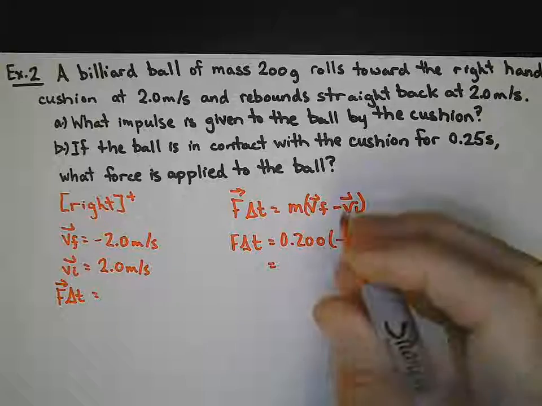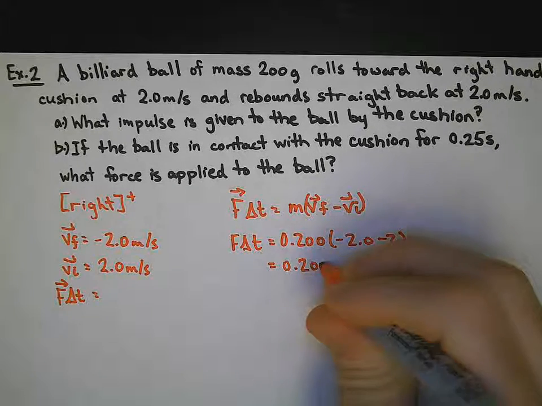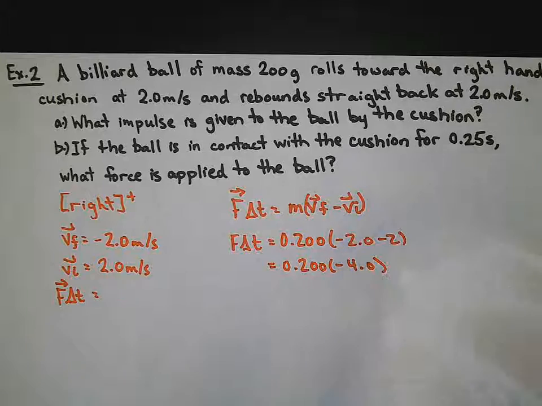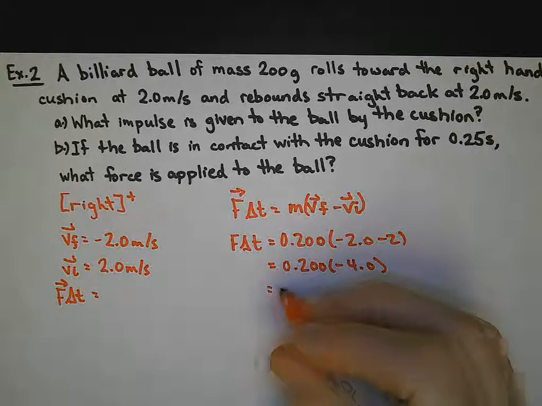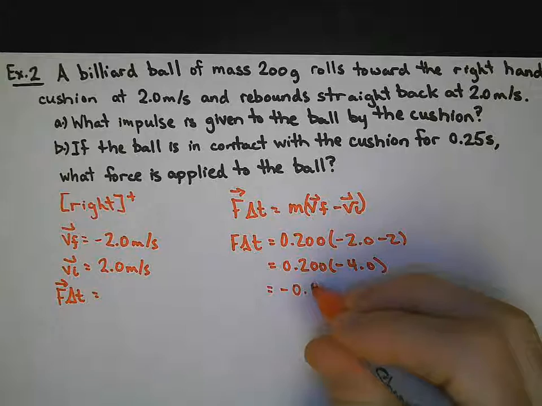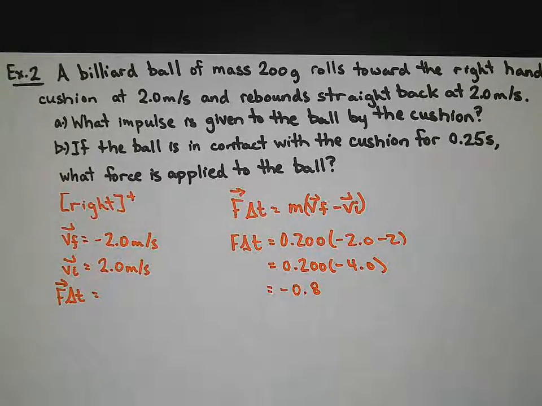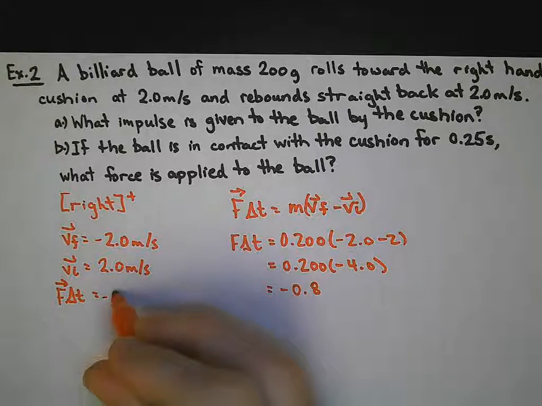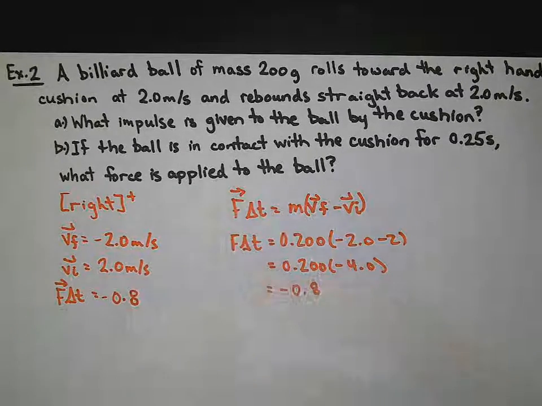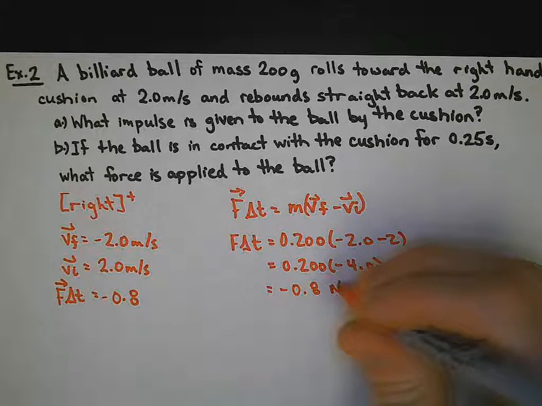So this is going to be 0.200 multiplied with negative 4.0, which is negative 0.8. So therefore, F delta t, our impulse that's given to the ball, is negative 0.8. And let us check the units quickly as well, which are newton seconds.